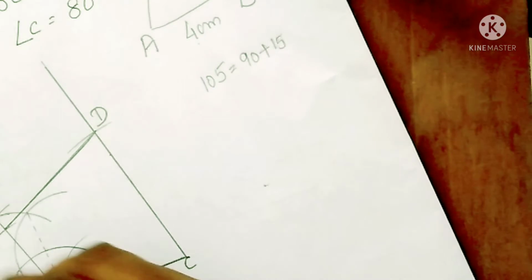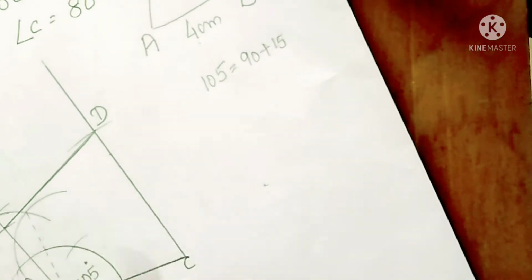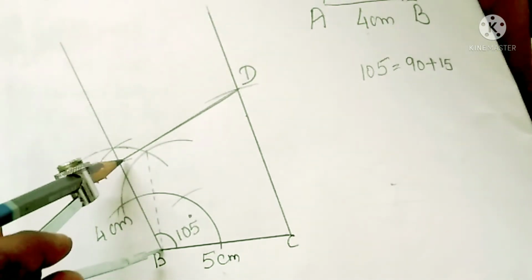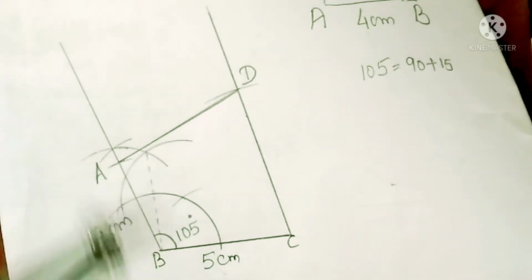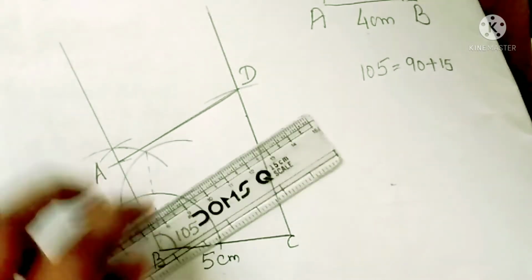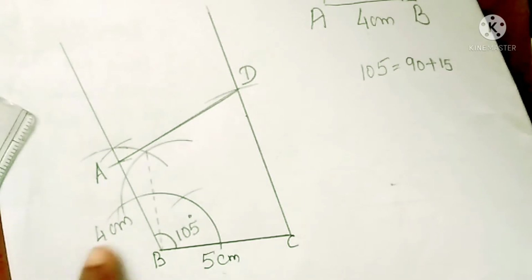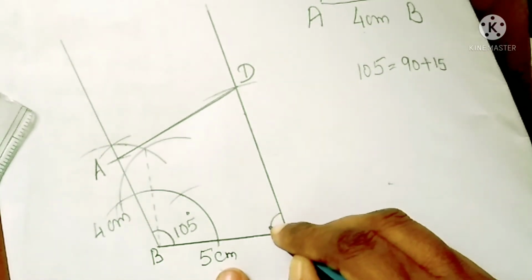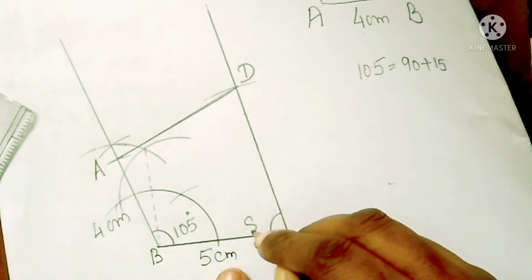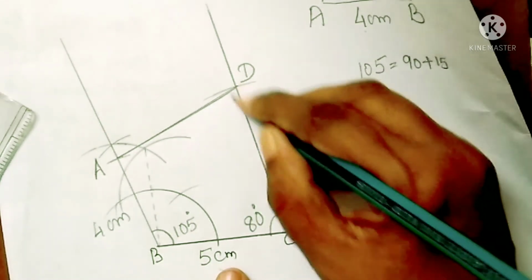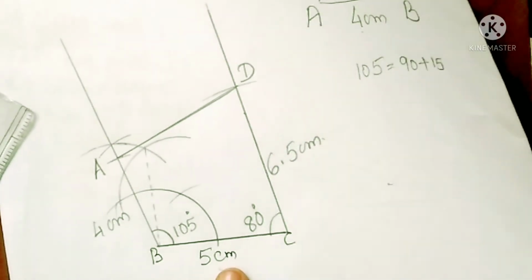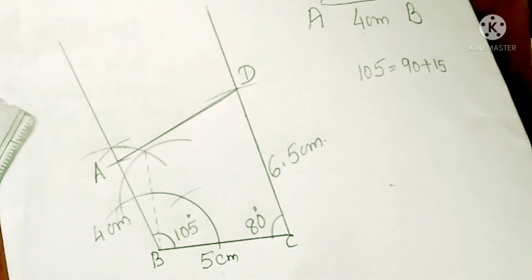So AB is 4 centimeter. What did I do? If it was not clear, see here, first cut an arc, and then using the scale we joined it, and then write 4 centimeter here, here it is already written 5 centimeter. This is angle C 80 degree, and CD is 6.5 centimeter. So your ABCD is ready.